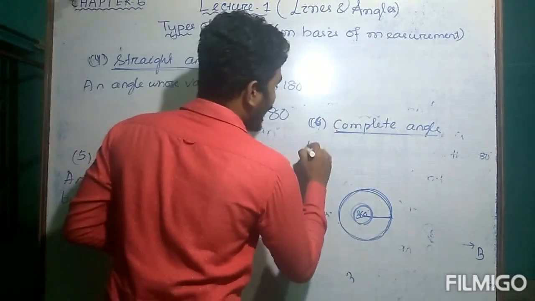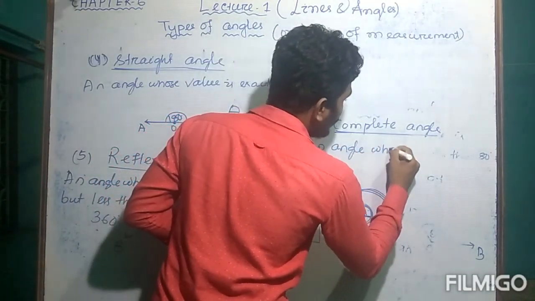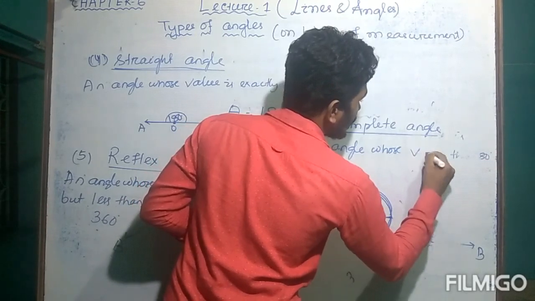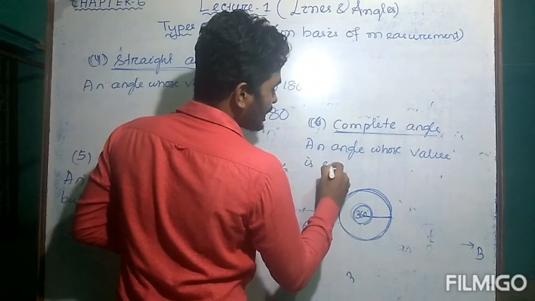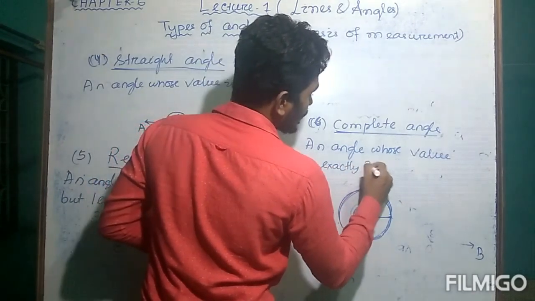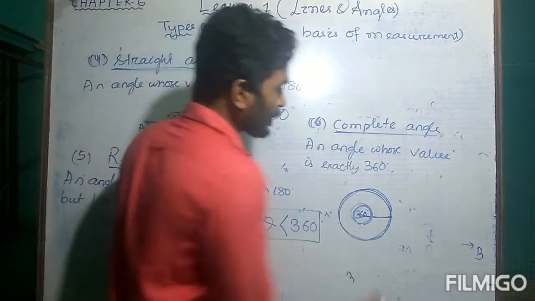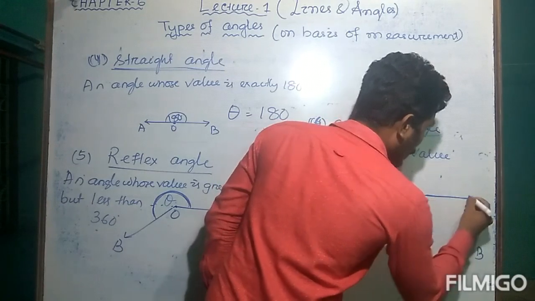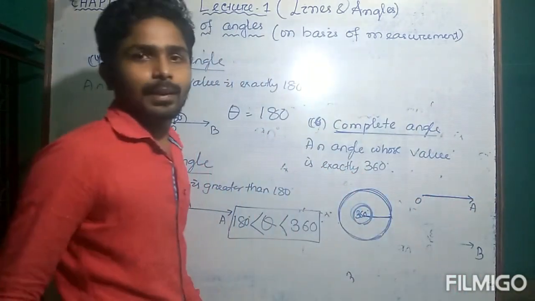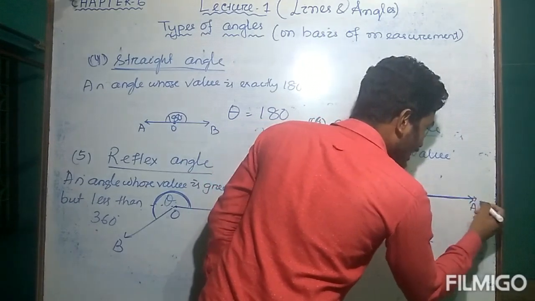So an angle whose value is exactly 360 degrees is known as complete angle. How can we represent it? Suppose this is a ray OA and another ray OB is coincident on this ray.